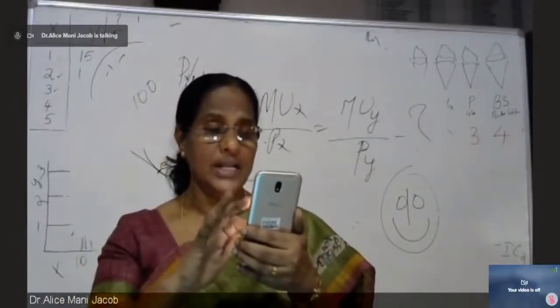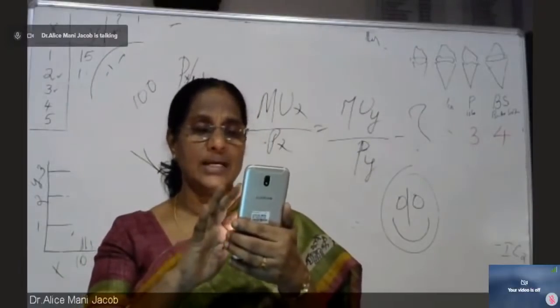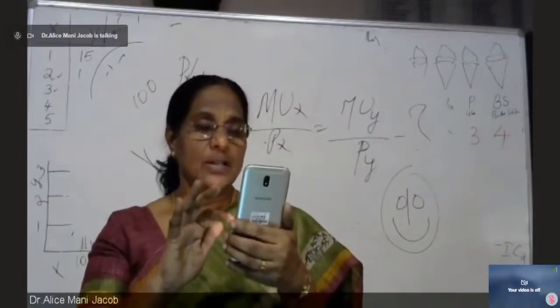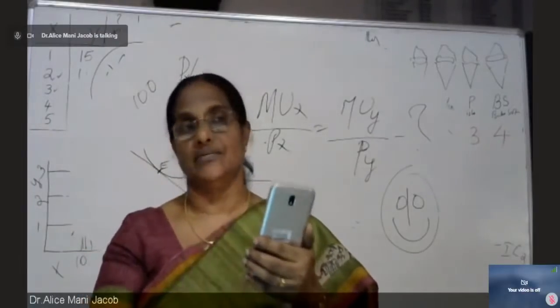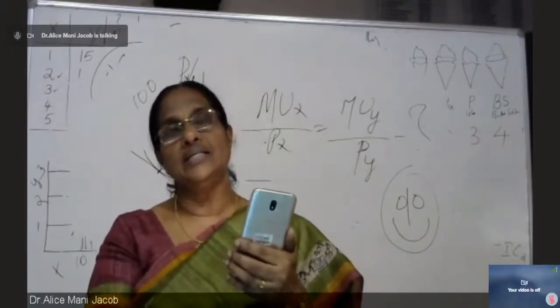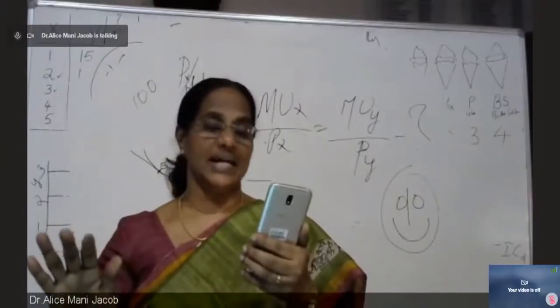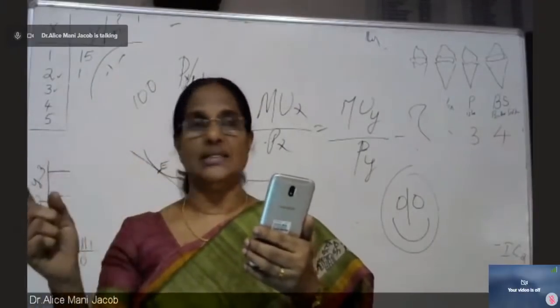Okay. Ordinal utility approach says that utility cannot be expressed in numbers. We don't use numbers in indifference curve. In indifference curve, we don't measure satisfaction. We only say that one is better than the other.